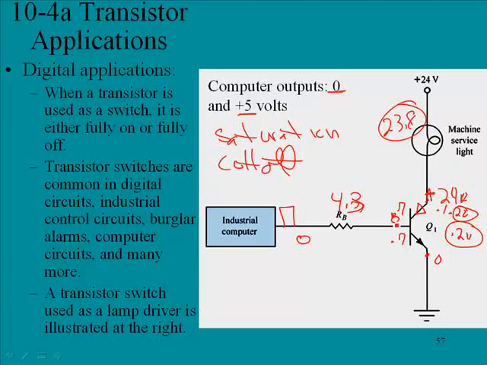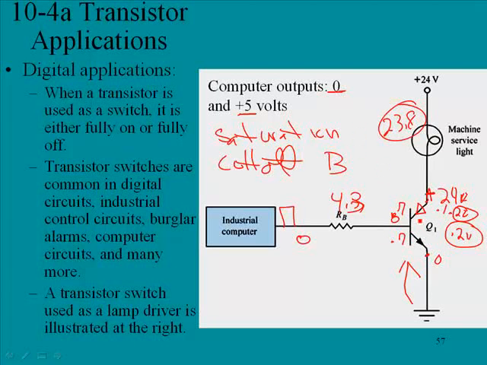One of the advantages of using a transistor in this configuration is that we have this industrial computer. The computer is not going to put out much current, and so remember that the current that flows through the transistor is a function of what we call beta. Well, actually, the relationship of the current between the collector and the base.